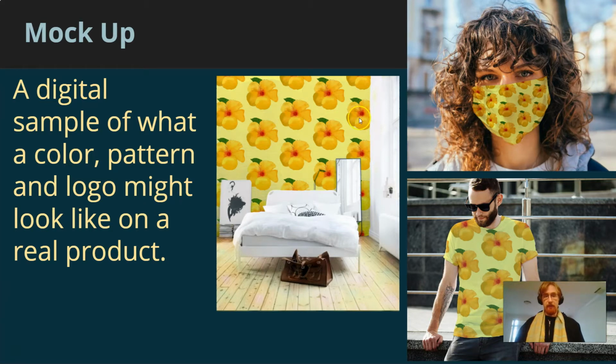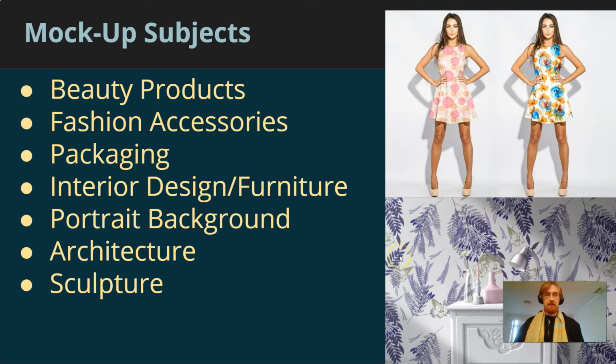So in this example here, I have the same pattern 3 different ways. Normally it's the same product but 3 different patterns. Some areas or industries where you will see product mockups: beauty products, fashion and accessories, packaging design, milk cartons, coffee mugs, all those kinds of things, as well as interior design and architecture for things like patterns on furniture, patterns on wallpapering.